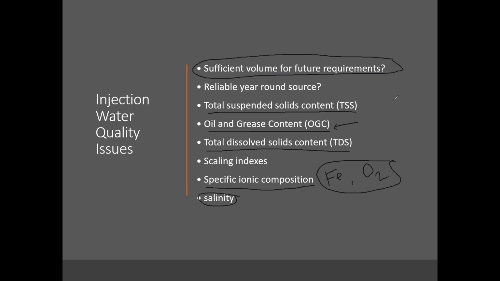Let's suppose you have initiated water injection in a reservoir where only two producers and one injector are there. But later on, when more and more wells come, there will be more withdrawals from the reservoir. To supplement this fluid withdrawal, you need more water injection wells, and with more water injection wells, the volume will also increase.